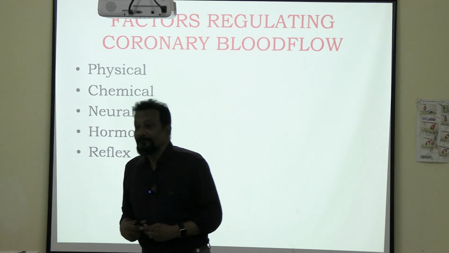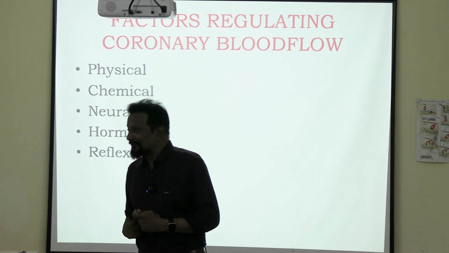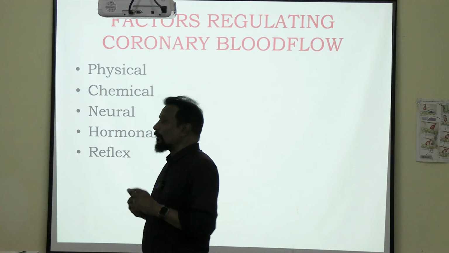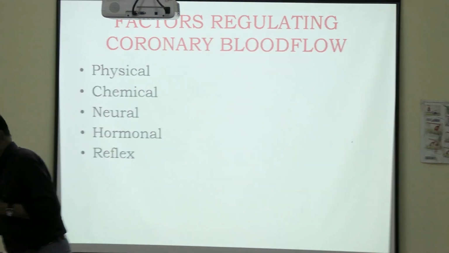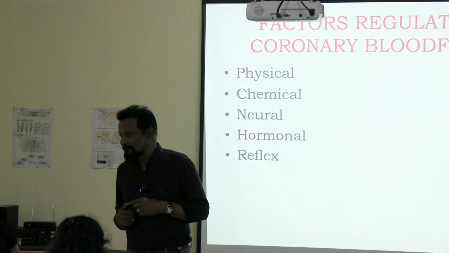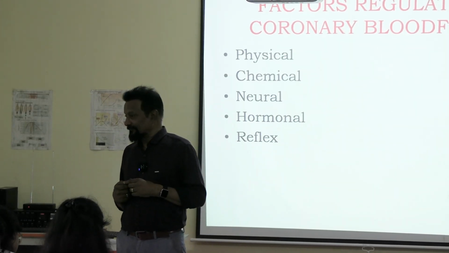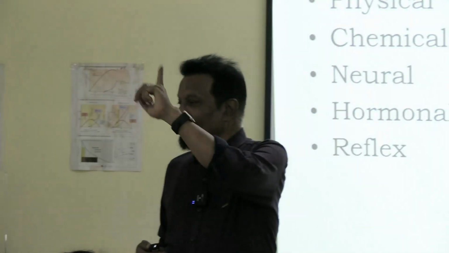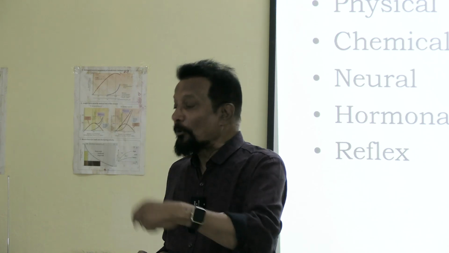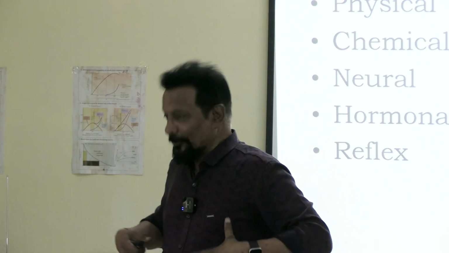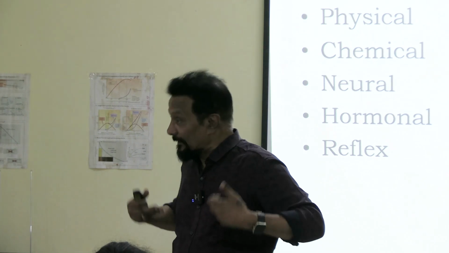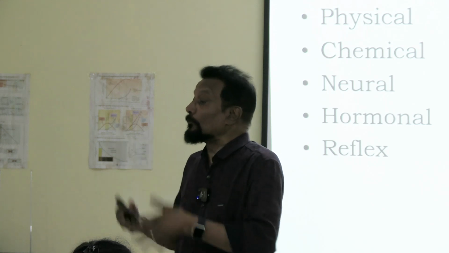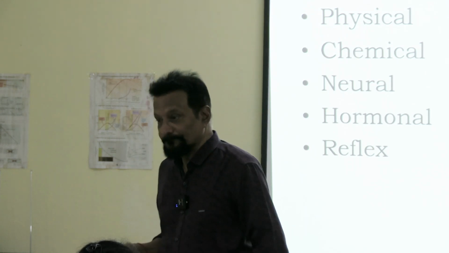Neural, I said vagus and sympathetic have minimum effect. And hormonal, only two hormones: thyroid hormone and antidiuretic hormone, vasopressin. Vasopressin reduces and thyroid hormone increases flow. Why thyroid? Thyroxine increases the metabolism in the cardiac muscle also. As a result, more metabolism, more activity, more blood flow.